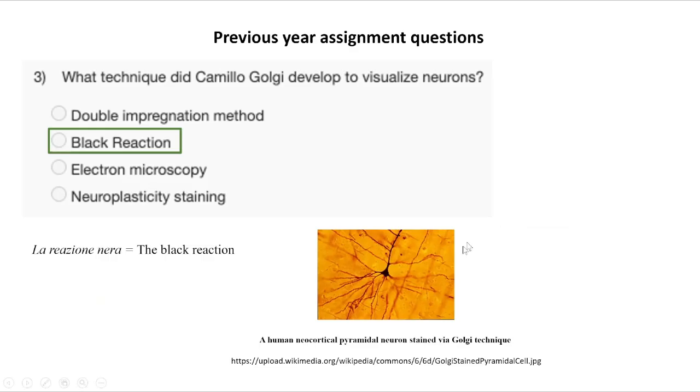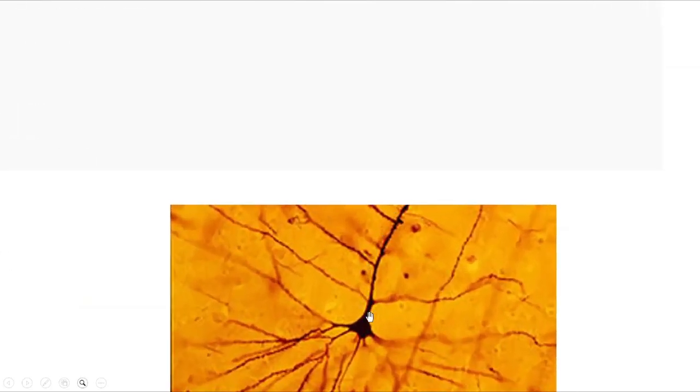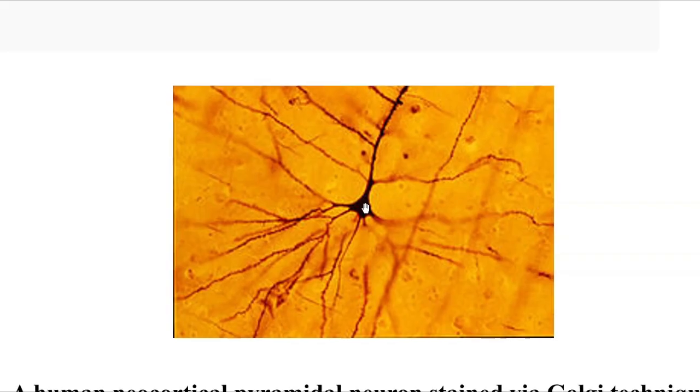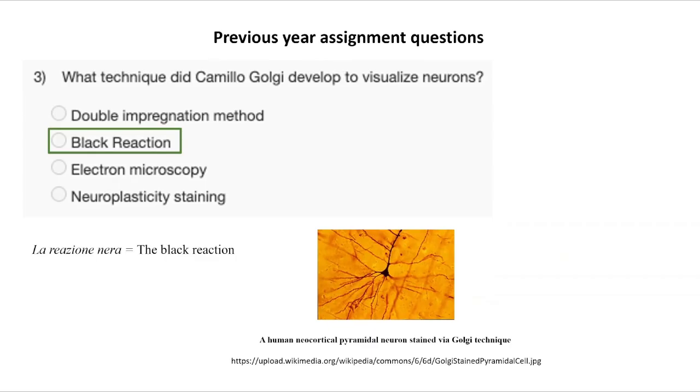The silver gets deposited in the cell bodies and dendrites, so the tissue acquires a dark black contrast. Because of that, it was called the black reaction.